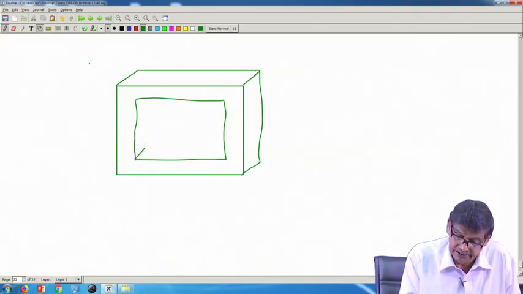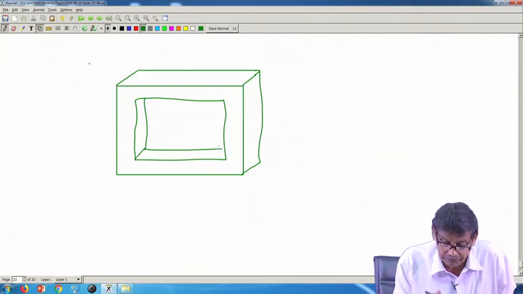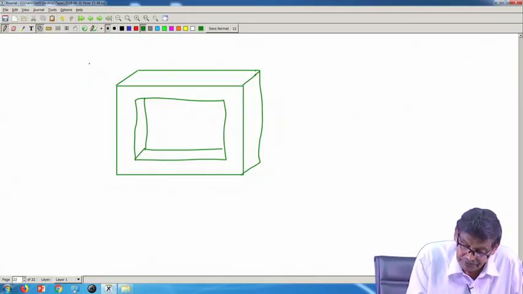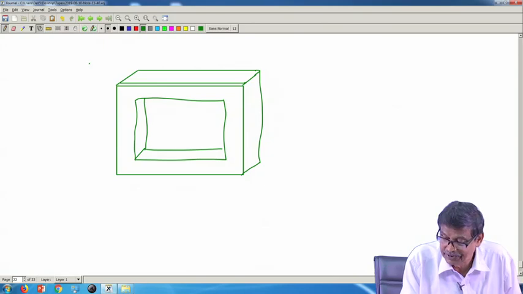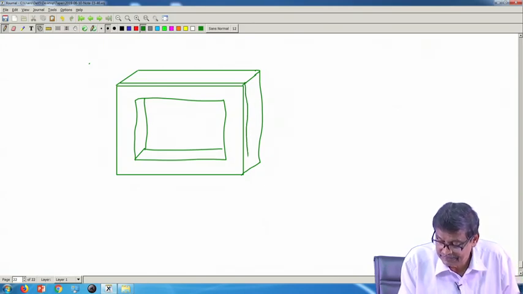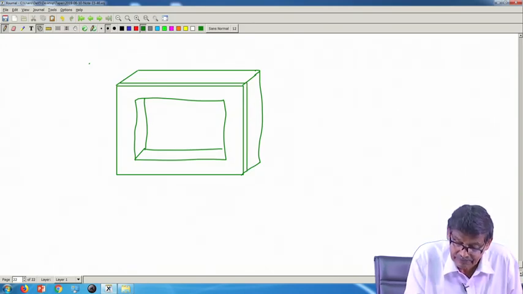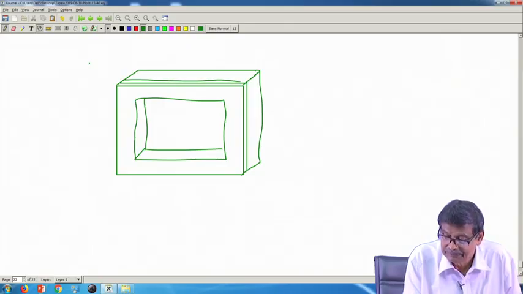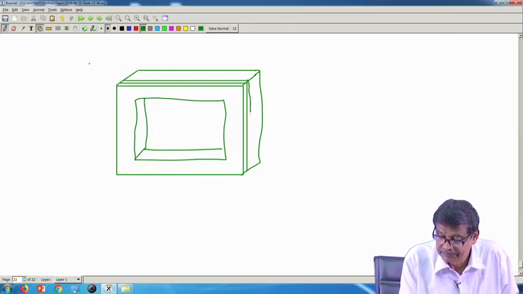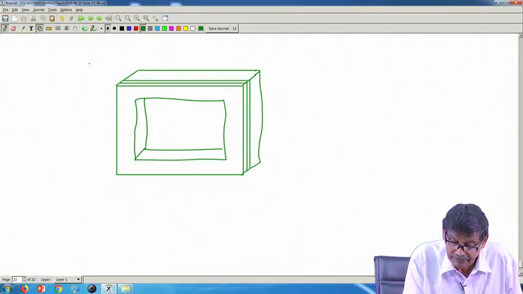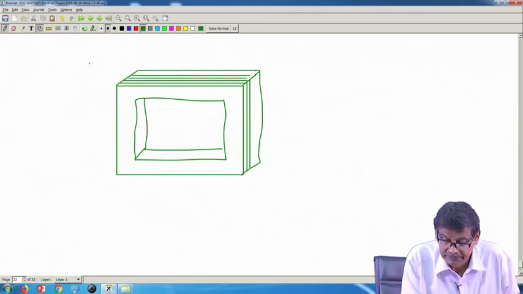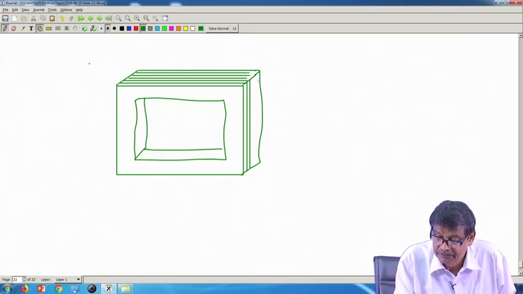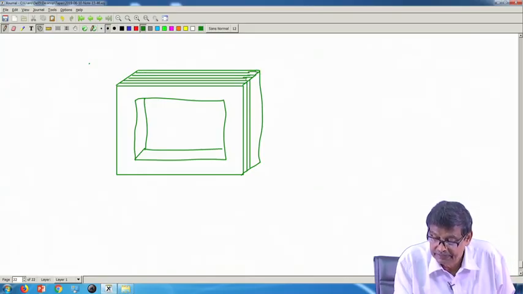So, finally, it will look like this. Instead of a solid block of iron, I will use thinner plates. So, this I am showing by lines. Another plate, another plate, another plate. I think you have got the idea of this kind.